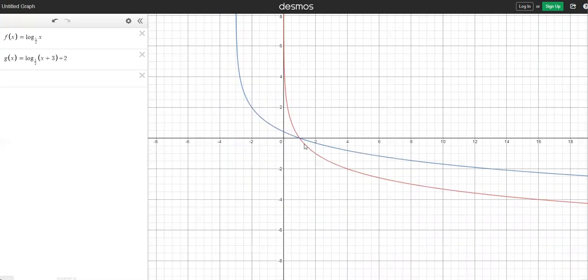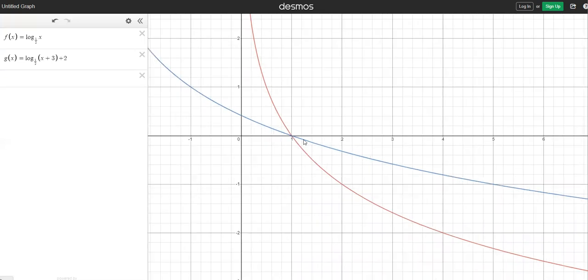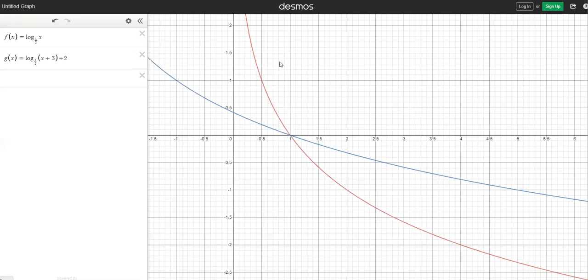And again, I can find another point of interest, maybe one that's a little bit easier to see, like this point right here. 0.5 comma 1, that's my original point. That means I'm going to have a corresponding point 3 to the left and up 2.